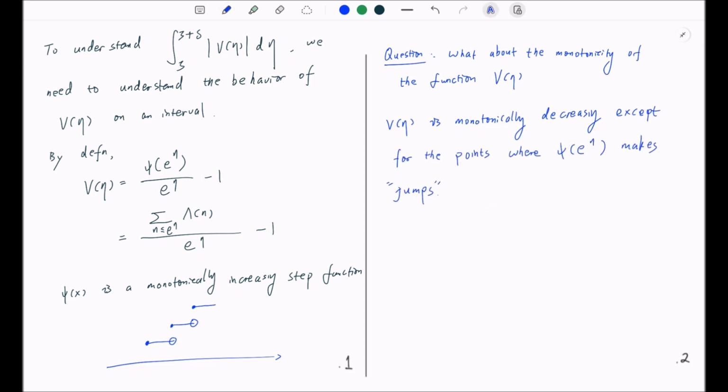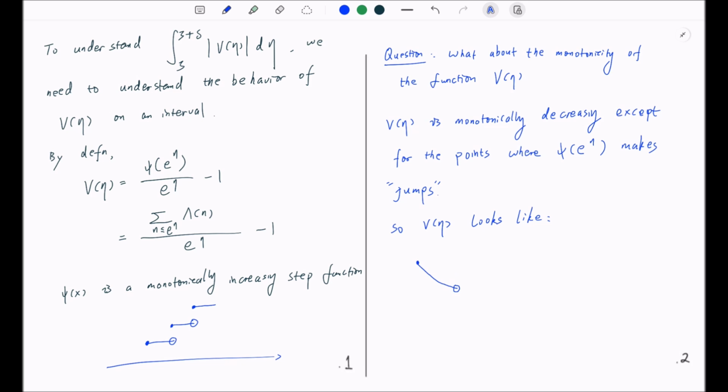And let me try to draw a very inaccurate picture, so that only gives an idea of this behavior. By no means this picture is an accurate figure. The graph of the function v of eta looks like this. For the most of the time, it is monotonically decreasing until e to the eta hits a point that is the power of prime.